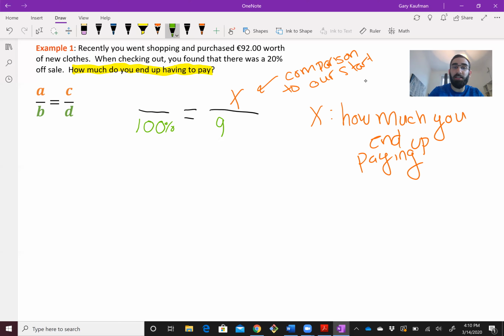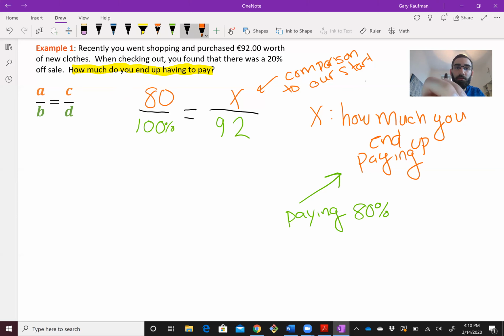Our start is 92. Now, we need to have the percentage that matches what I'm paying. Well, if I have 20% off, that means I am paying 80%. So that is going to be up here, the 80.